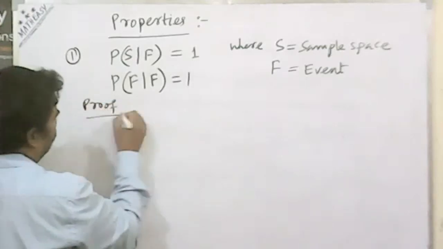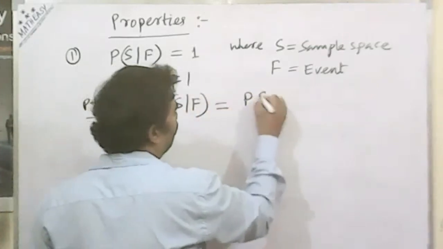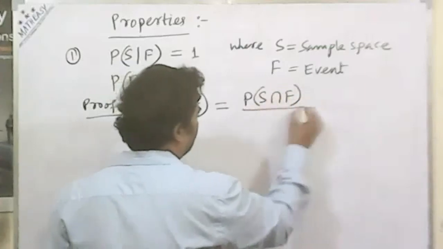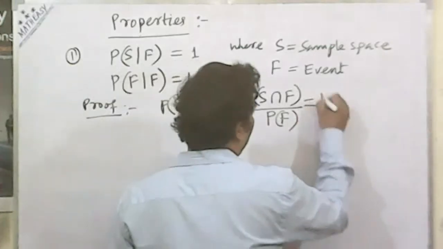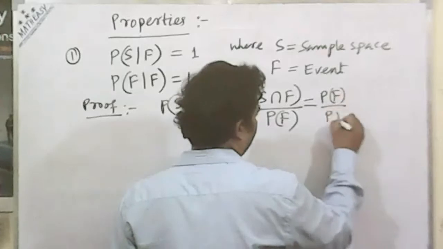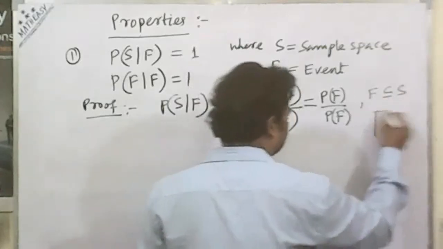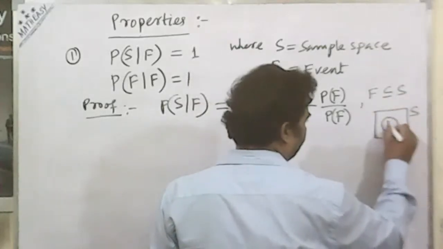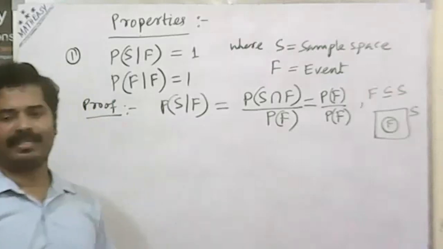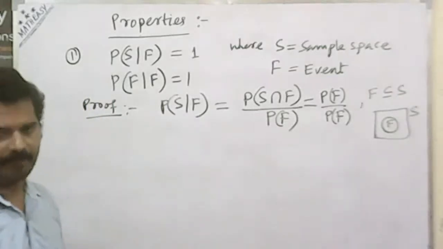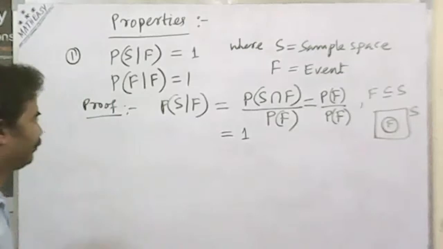Now proof: probability of S conditioned on F is equal to probability S intersection F divided by probability of F, which is equal to probability F divided by probability F, because F is a subset of the sample space, meaning every element of F is in sample space S. That's why F is a subset of S. So it comes to 1.